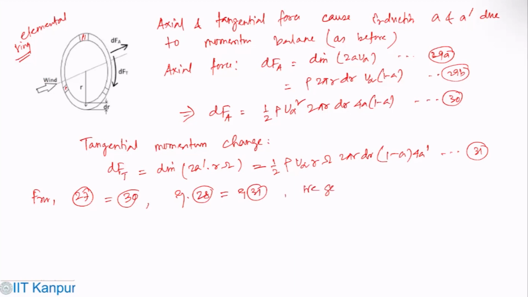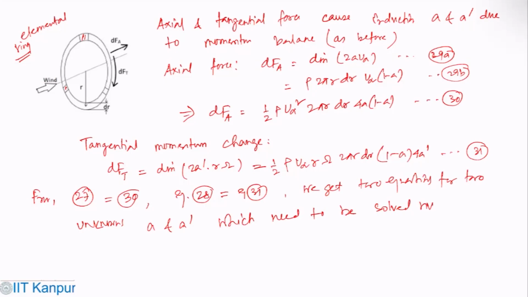So we get two equations for two unknowns, a and a prime, which need to be solved numerically.